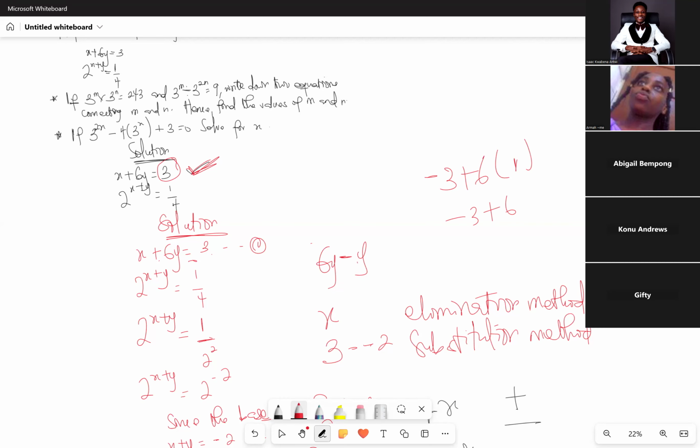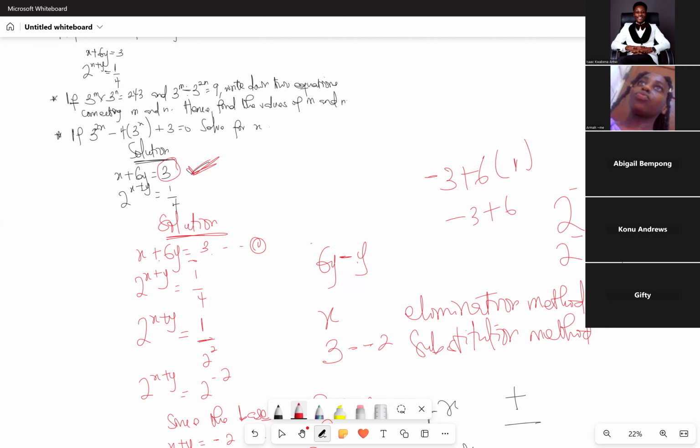It should satisfy the top and the down. So let's see. Equation 2 is 2 exponent x plus y. x is minus 3 and y is 1, so that'll be 2 exponent minus 2.